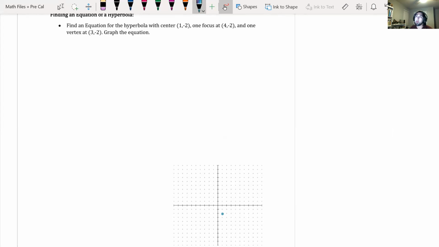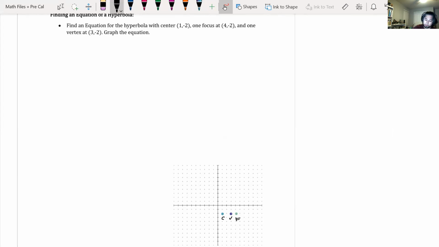There's my center. And then my focus at (4, -2). 1, 2, 3, 4, -2. So there's center, there's focus, and a vertex at (3, -2). So 1, 2, 3, and -2. So let me just label these center, vertex, focus.